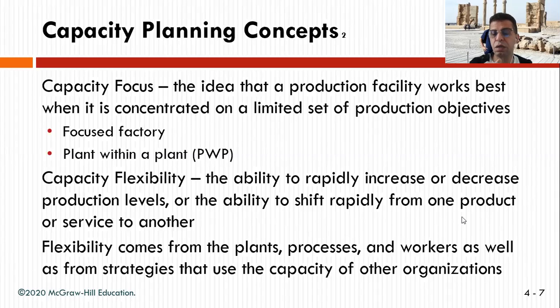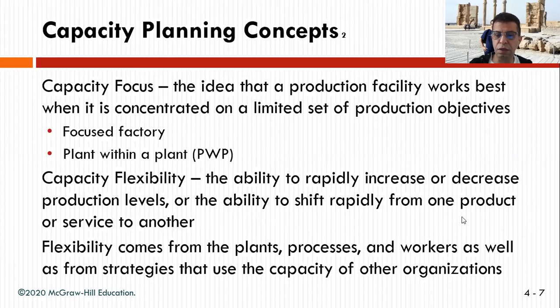The second way is how quickly and how smoothly you can increase your production from 100 pants per hour to 1,000, for example. So flexibility comes from the plant itself, the factory, the process, and workers as well, because workers have to be multitasking in order to be flexible.